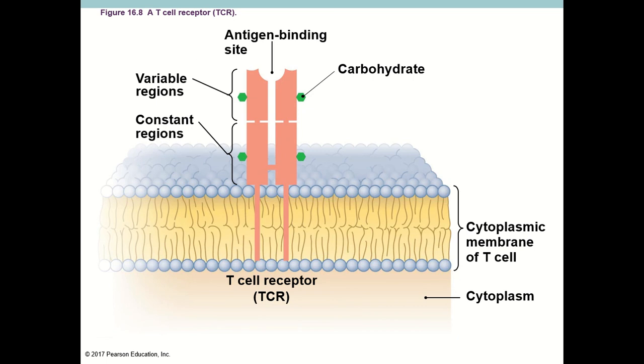Once in the body, they essentially wait for things to bind to. These receptors are meant to bind to antigens, and these antigens must be found associated with major histocompatibility complexes. In other words, they cannot bind to pathogens themselves.